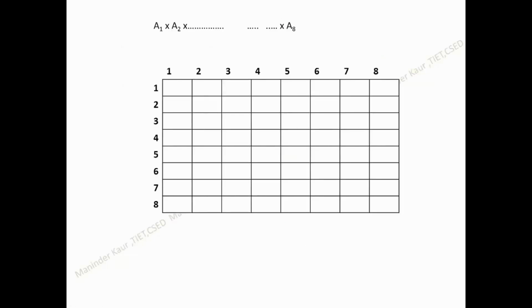Now considering this example, how will we proceed further with the algorithm of matrix chain multiplication using dynamic programming? For that purpose, we will be storing the partial results in a two-dimensional array.